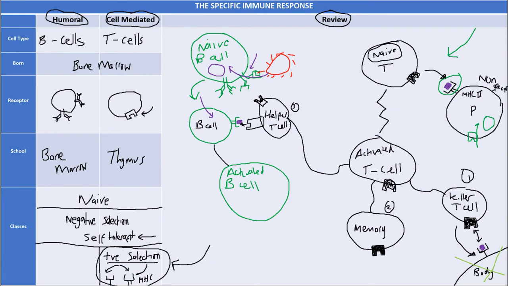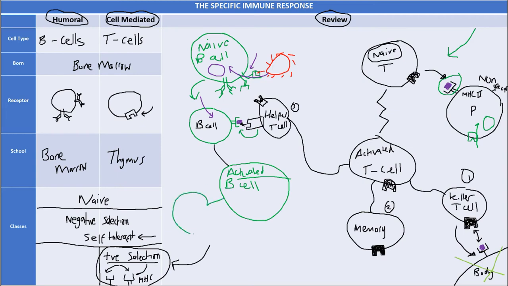If this stuff doesn't happen on the right hand side, then that B cell does not get activated. So in order to get a full-on immune response, it goes through a lot of sort of checks and balances to make sure that this happens. And hopefully you can see that that T cell receptor binds with MHC2 on the naive B cell, which then becomes activated. So what happens when this B cell becomes activated?